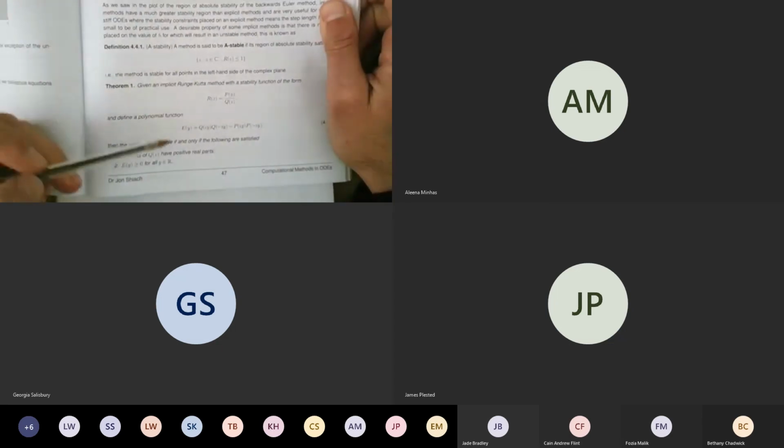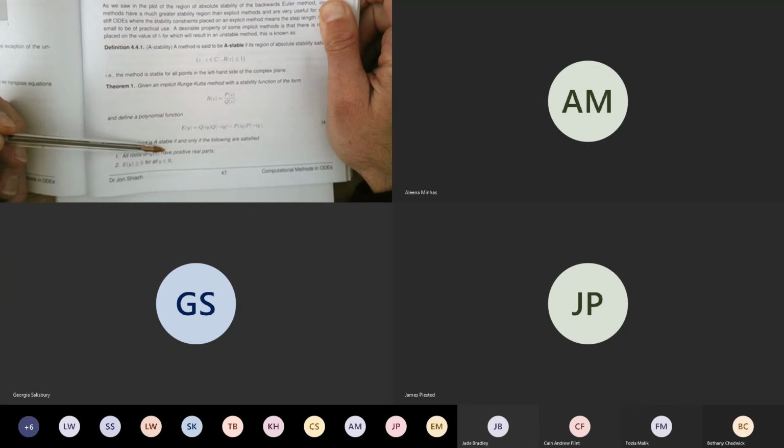Okay, so this theorem here, we've got two criteria that need to be satisfied. The first is that the roots of our denominator have got to have positive real parts.